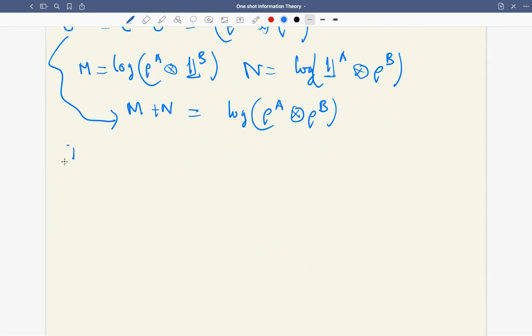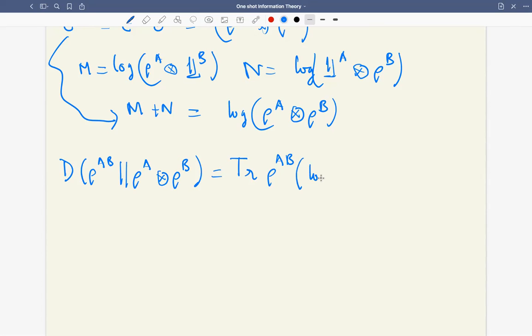mutual information business. So I've shown that D of rho AB with respect to rho A tensor rho B is equal to trace of rho AB log rho AB minus log.